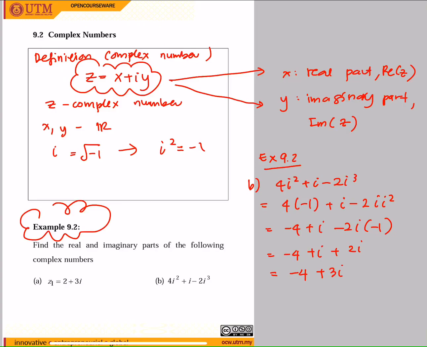Therefore, let's call this Z2: real Z2 is minus 4 and imaginary Z2 is equal to 3. So we need to reduce until we obtain the X plus iY form first, then we can determine which one is our X and which one is our Y.